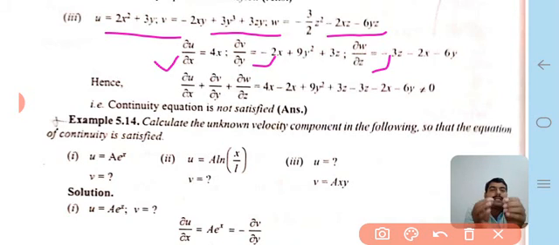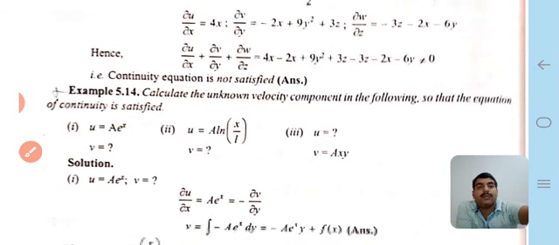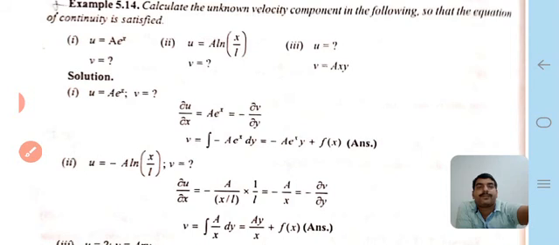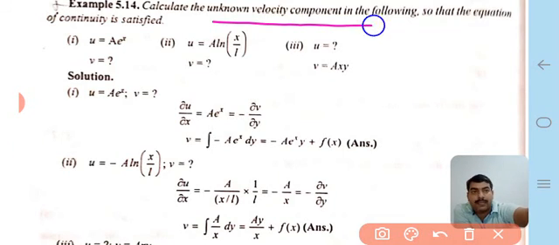Therefore, we can easily say that this fluid flow is not continuous, it is a discontinuous flow. Okay, now the next example is discussed here. This example we understand about.